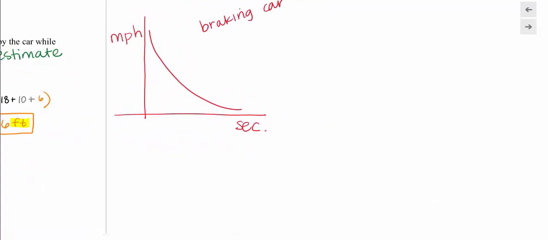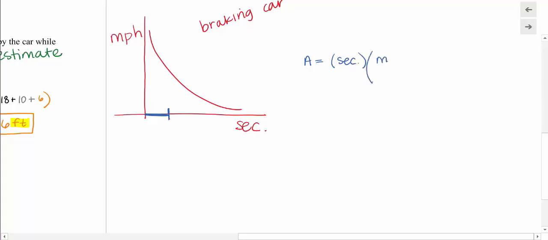All right, so if I go now to just finding the area, and numerically that should be relatively easy for us to do using those summation rectangles. I'm saying that they're all wide by how many seconds, right? So let's say this is one rectangle, but the height is in miles per hour.